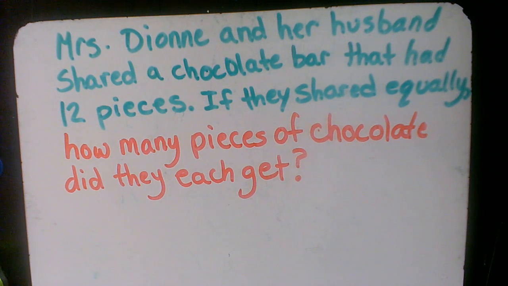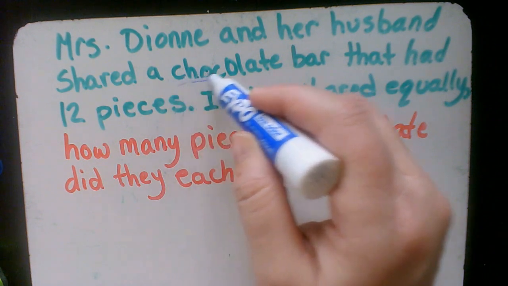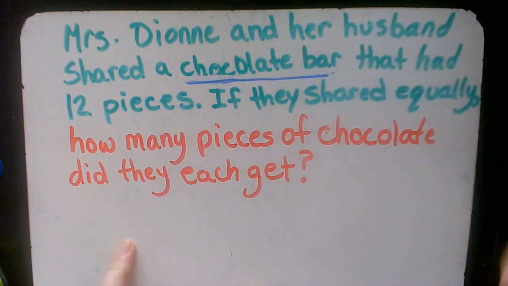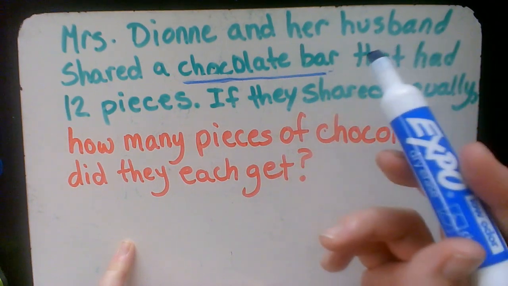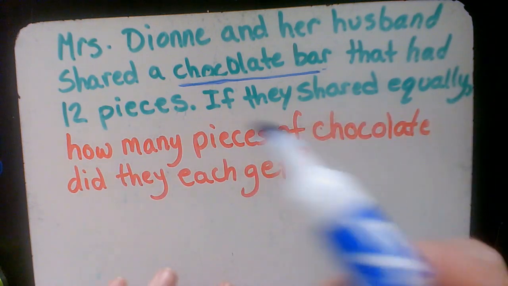Let's take a look at what needs to be in this problem. The first thing is we need to talk about what we're sharing. And so we're sharing a chocolate bar. We need to make sure that our problem includes the people that are sharing or the groups that are being shared into.